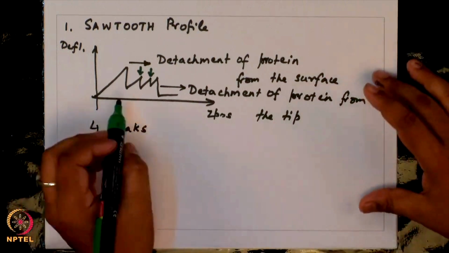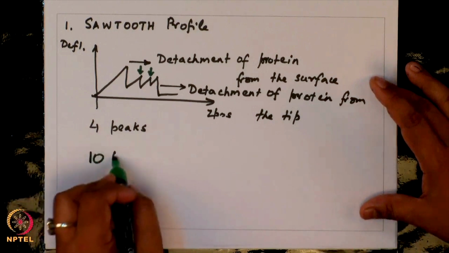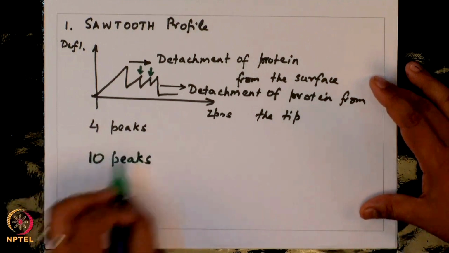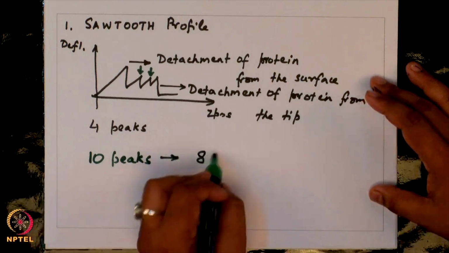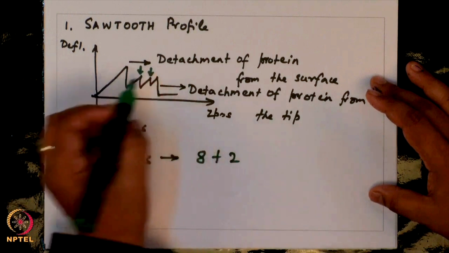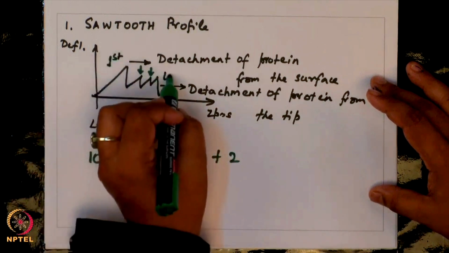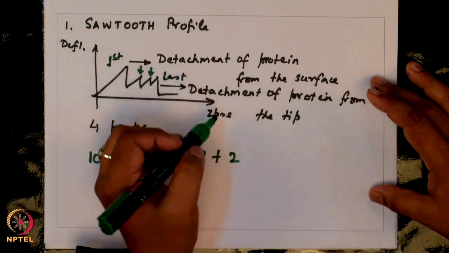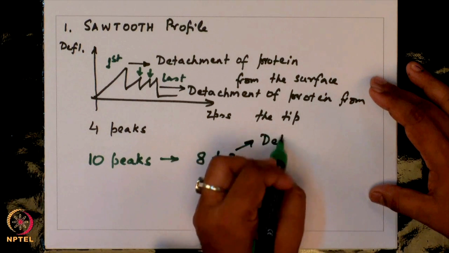Typically, let us say you get a total of 10 peaks in a given experiment. Then you can break it down into 8 plus 2, because the first peak and the last peak are not protein unfolding events, but detachment events.